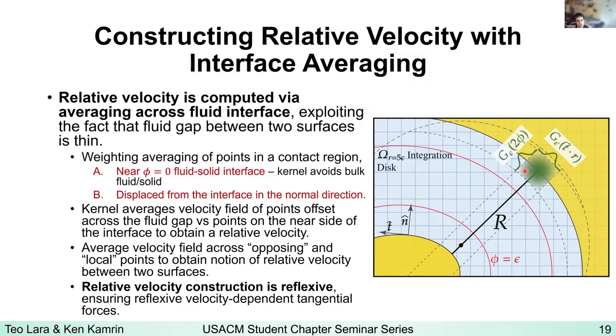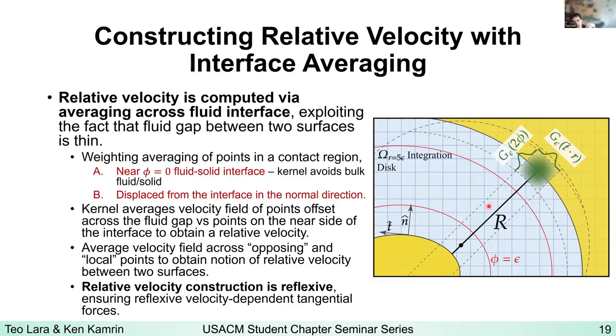That gives you a quote unquote opposing velocity of the opposite object. You do the same procedure reflectively on the other side to obtain the velocity of the first object. Find the difference to give you a relative velocity field constructed via this averaging procedure between your two bodies. So it is sort of a bulk construction from the global velocity field, right?